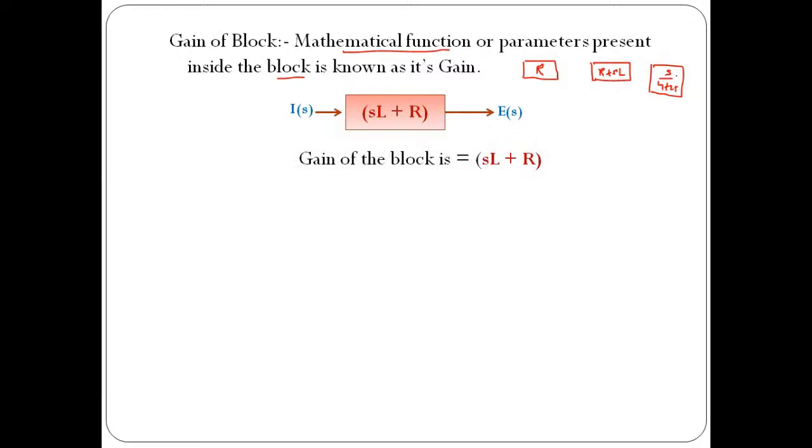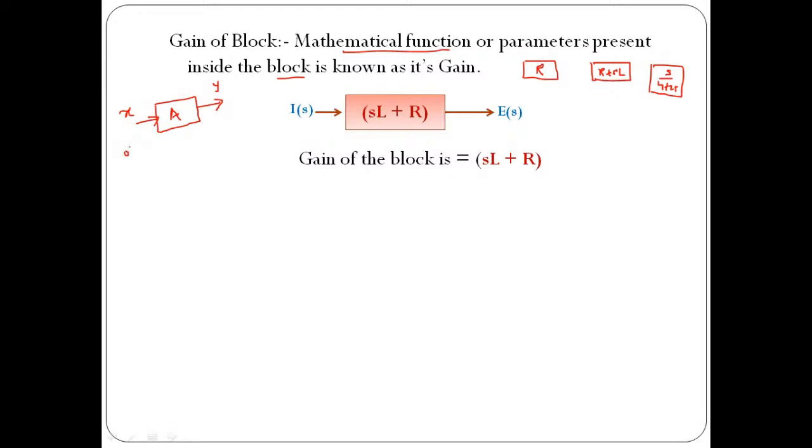That is important. Now what will be the relationship between output, input and gain of the block? The thumb rule is very simple and you have to remember it. Suppose we have a block of gain, say A. To this we apply some input in the form of X and we are trying to get output in the form of Y. So what is the relationship between output, input and gain?